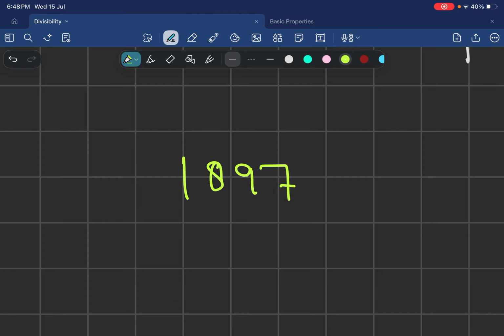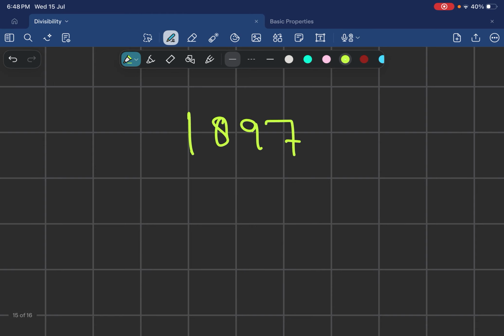Since 1897 didn't work out, let's try factorization, because that's the only thing we can do here. So if I try to factorize 1897, let's see what it is divisible by. 2 doesn't divide it, 3 doesn't divide it, 5 doesn't.